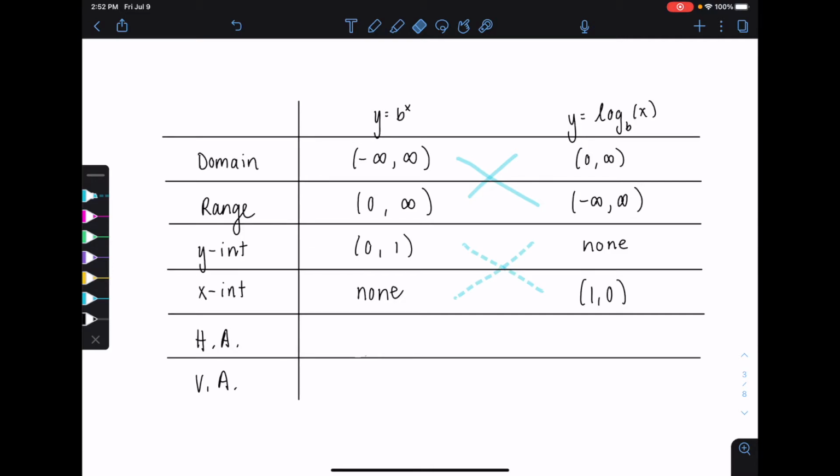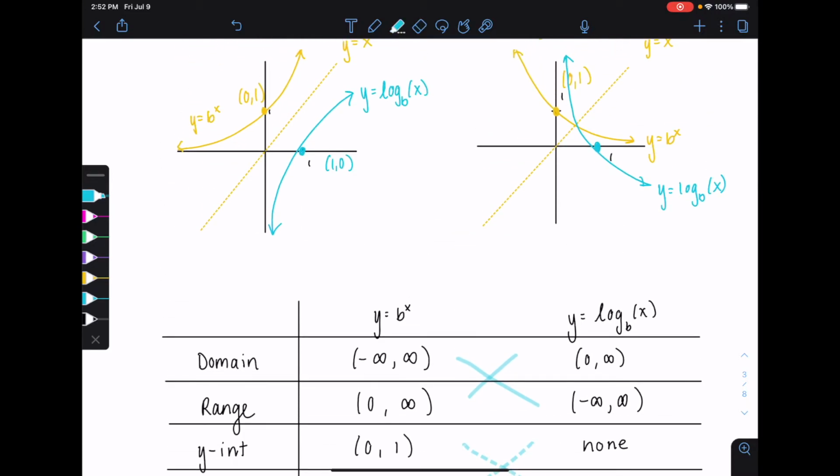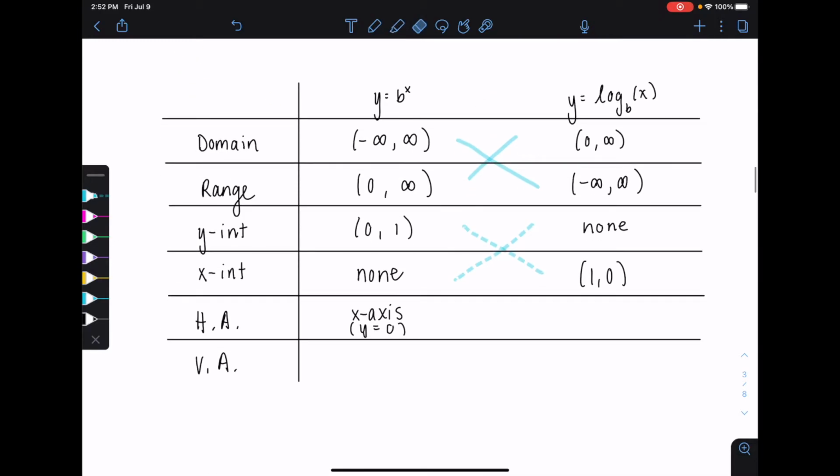For exponential functions, we also do have a horizontal asymptote. We do hug the x-axis. So ultimately, the x-axis is our horizontal asymptote, and we have no vertical asymptote. Again, these flip-flop. So now we have no horizontal asymptote, but we do have a vertical asymptote. And so again, x and y switch.